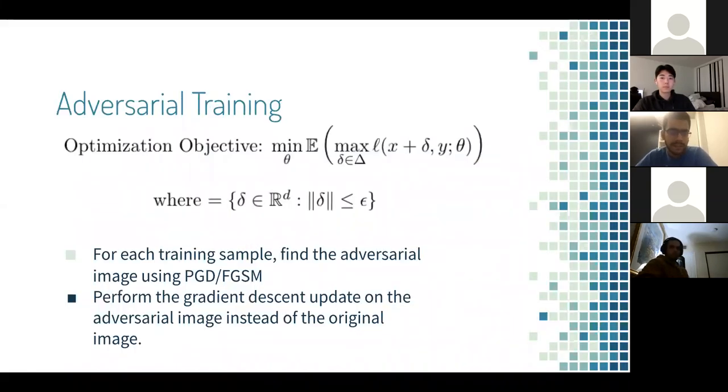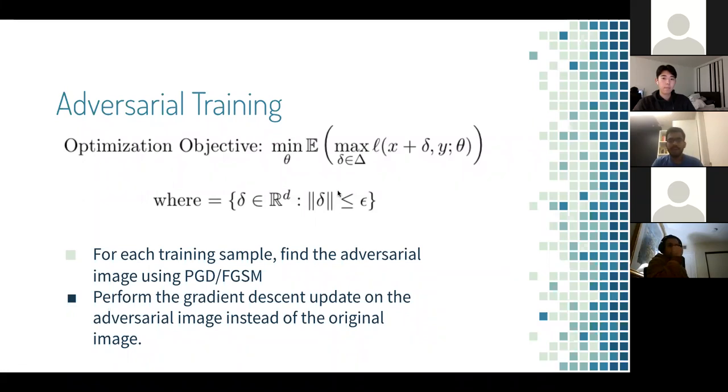So once again, scary looking equation, and we will break this down. The optimization objective is framed in a sort of min-max way that can be confusing at first, but we're basically reversing the situation again. Here we're saying that I want to minimize my maximum loss.